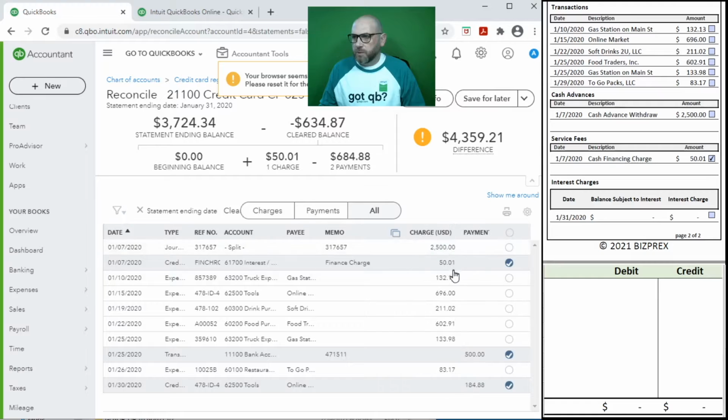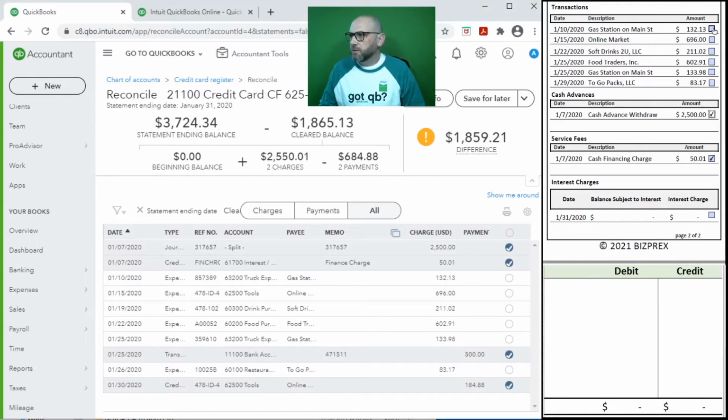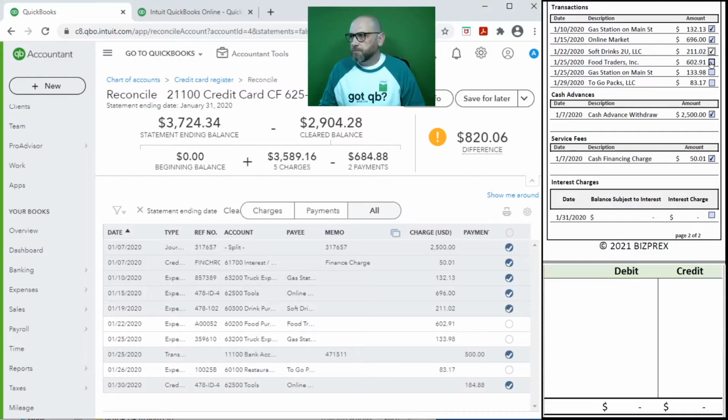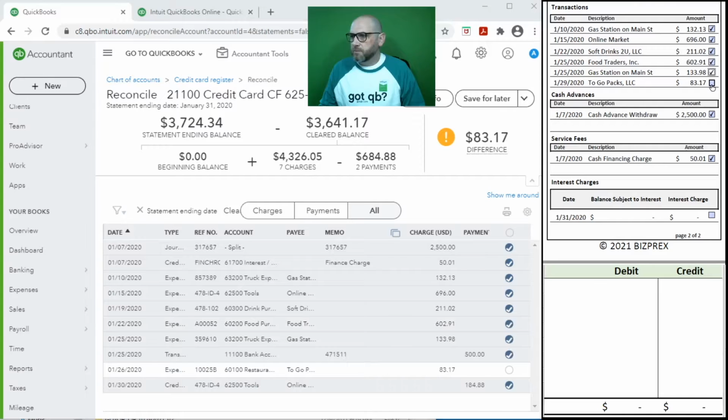Here it is. All right, so we can see our amounts. So 2,500 that we borrowed to start our business. Here it is. And then our charges, all of those increase our credit card balance. Here's this one. Okay, good. Here's this one.